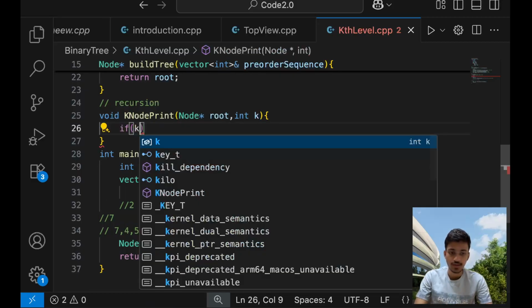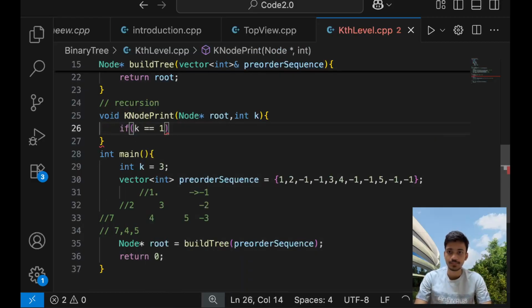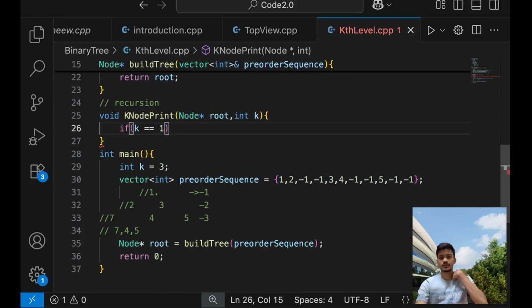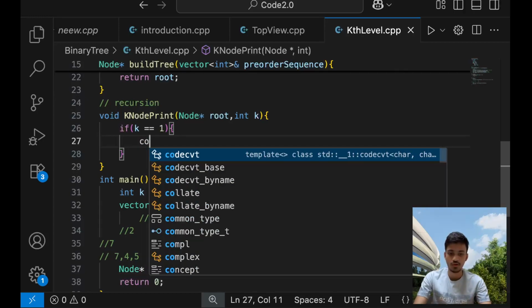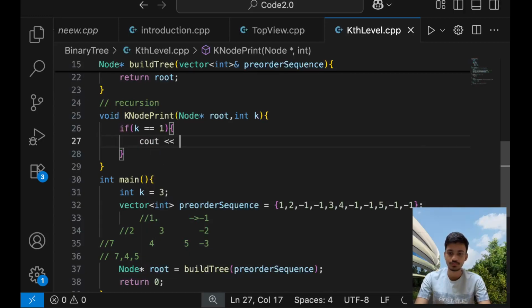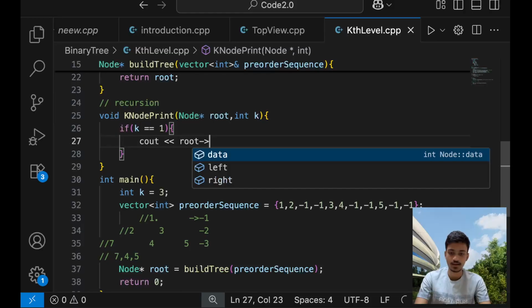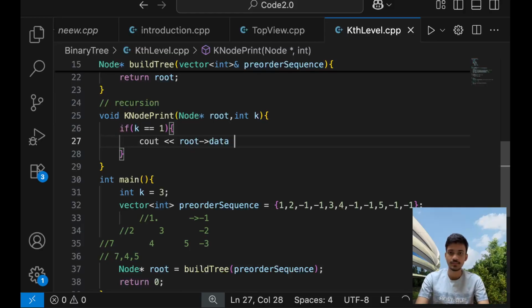So if k equals 1, that means let us think that the k is 1 and we are at level 1 only, and we are given k equals 1, and we have to just print the root's data. This is the simplest thing you can think of.